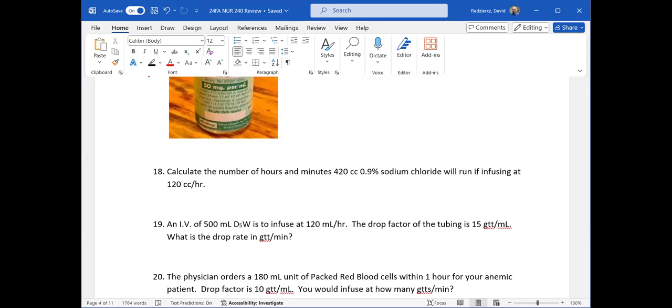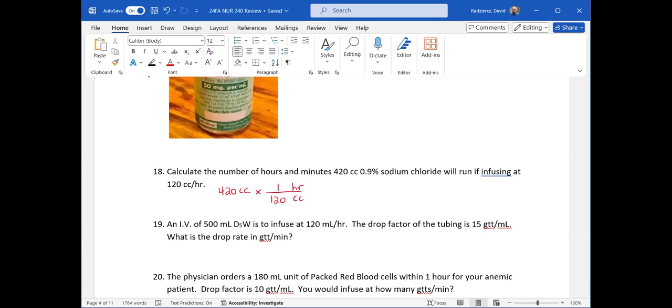So my strategy whenever I do these is I will start off with the 420 cc's, and then I'm going to convert the cc's into hours by getting rid of cc's. Okay, so 1 hour, 120 cc's. So if you're doing ordered over available or desired over have for these types of questions, they can work.